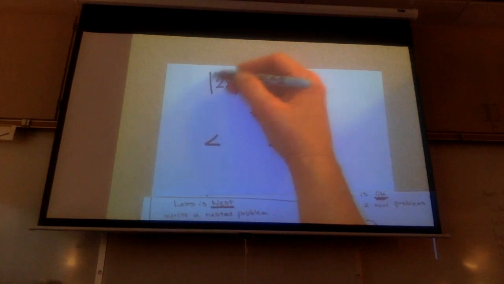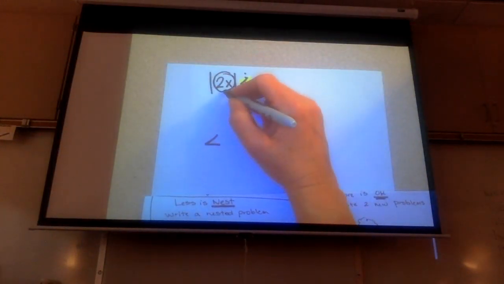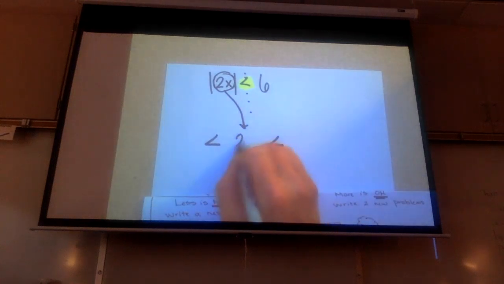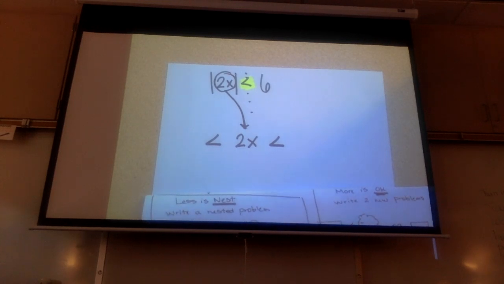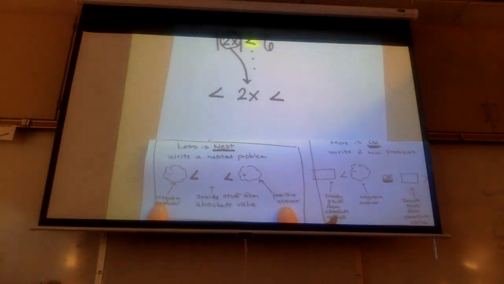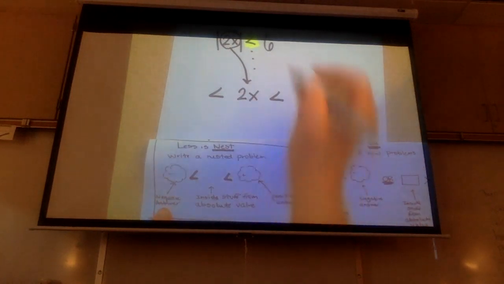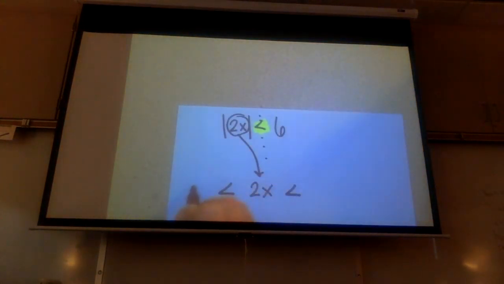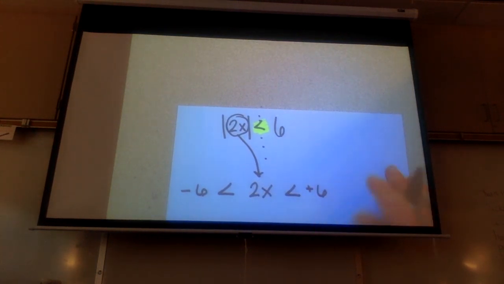So if I look up here, my inside stuff is the 2x. That goes right there. Then I'm going to split my answer into a negative answer and a positive answer. The negative one, the little one goes first, and then the big one. So I have 6. I need to split it into minus 6 and a positive 6.